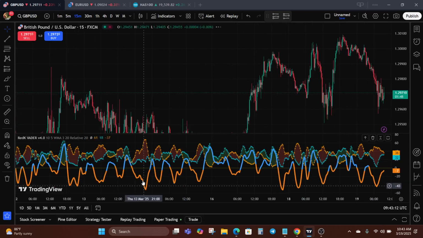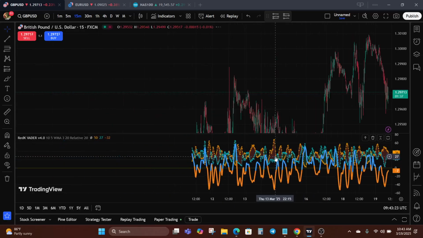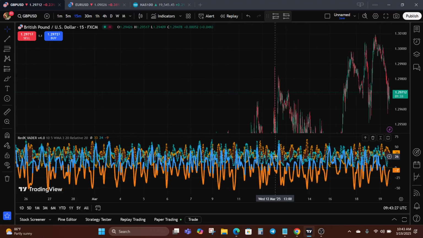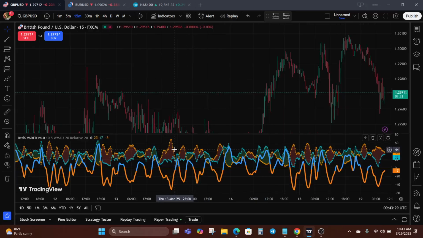Now, while this particular one moves within the positive territory and the negative territory, this particular one stays within the positive territory throughout, but it doesn't mean that the signals are always buy signals. All right, the functionality of this particular indicator is quite different. Okay, and we're going to get into that in a bit.